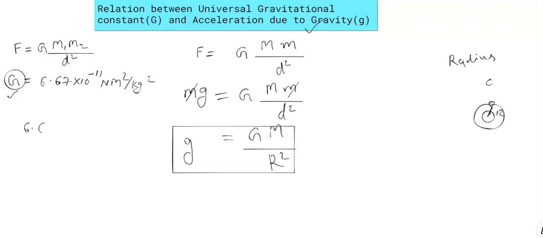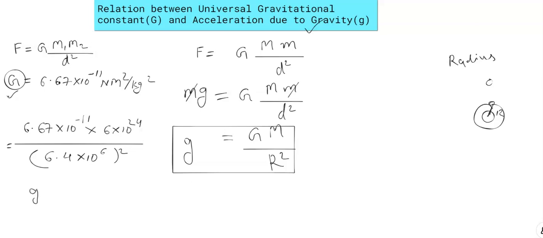Always learn these values. 6 multiplied by 10 to the power 24 is the earth mass, and the radius is 6.4 multiplied by 10 to the power 6, and its square. So whenever it is calculated, then g will be equal to 9.8 meter per second square. So this is the g value on the surface of the earth.